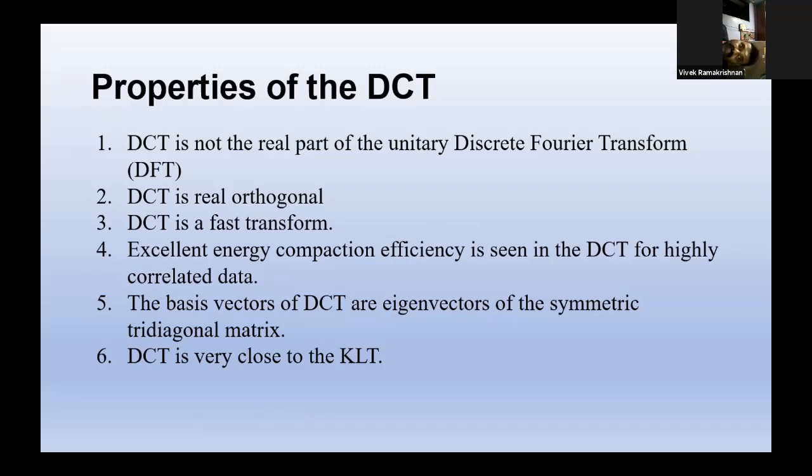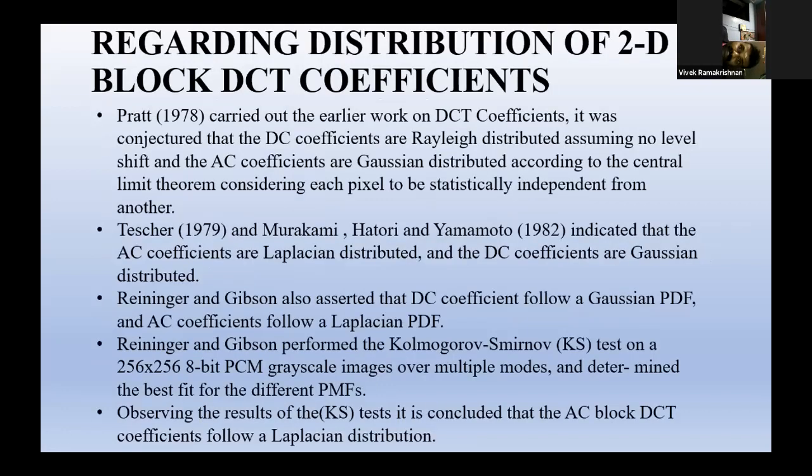Basically DCT is a real and orthogonal transform. It is a fast transform. So it is a unique transform in its own way, right? That's what I want to say. Excellent energy compaction efficiency is seen, and the basis vectors of the DCT are eigenvectors of a symmetric tridiagonal matrix, and the DCT is very close to the Karhunen-Loeve transform, but not close to the discrete Fourier. Okay, so that is the observation.